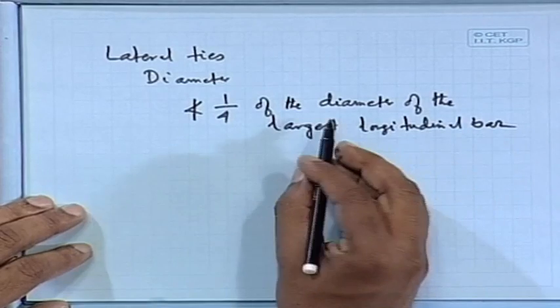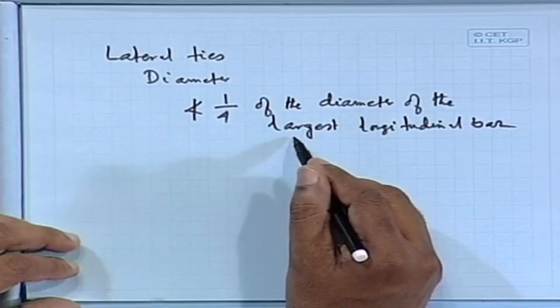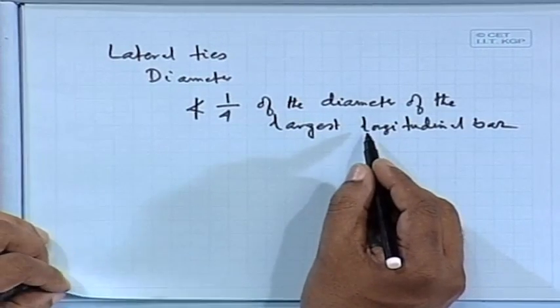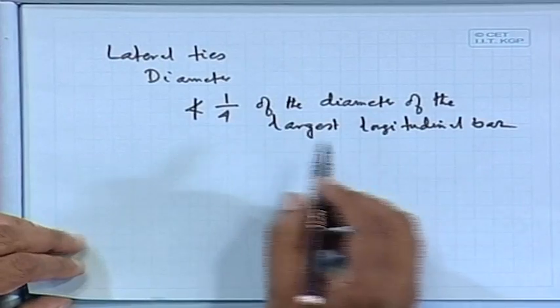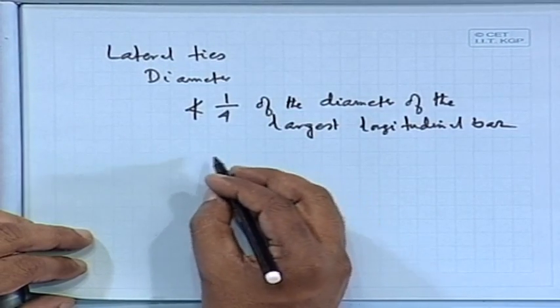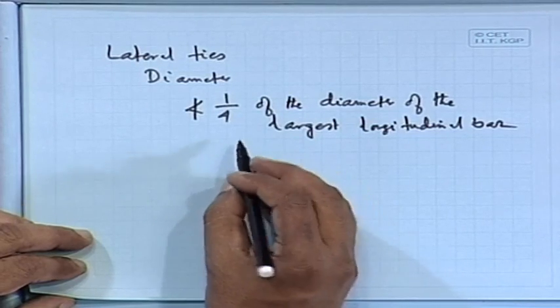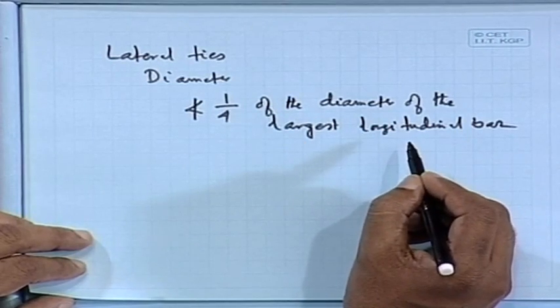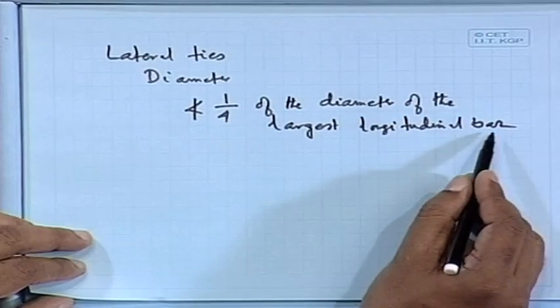Please note here, for spacing we have taken the least and for diameter we are taking the largest. If you have 12 millimeter, 16 millimeter, all those things, you have to take the largest one. So, this is the case we have to consider here, 1/4 of the diameter of the largest longitudinal bar.